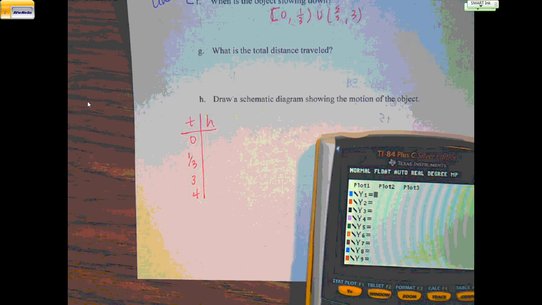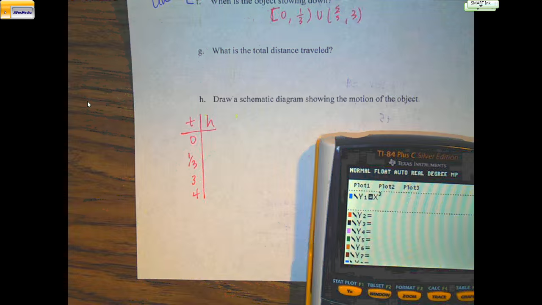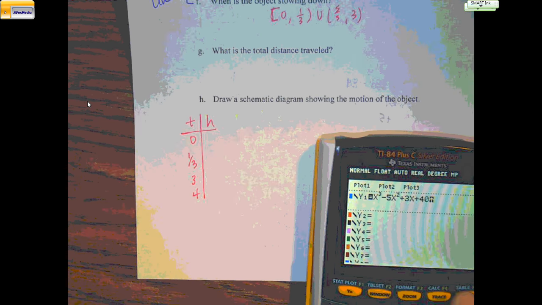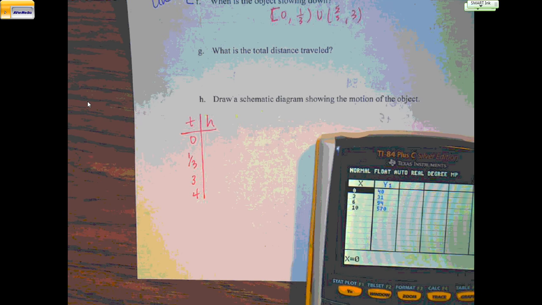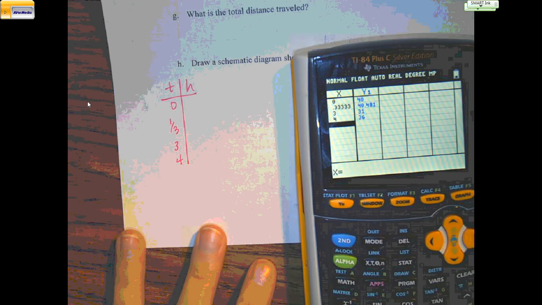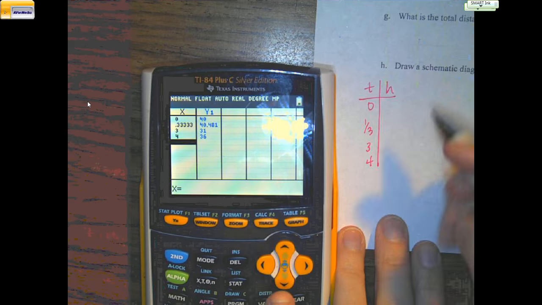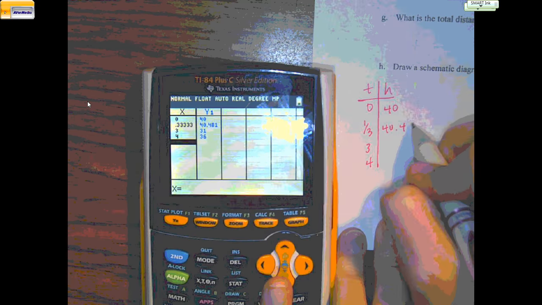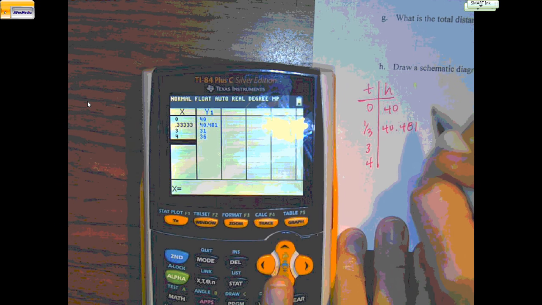Let's see here. x cubed minus 5x squared plus 3x plus 40. I want 0, I want 1/3, I want 3, and I want 4. So it changed my values for me, so that the positions are at 40, and then 40.481, 31, and 36.